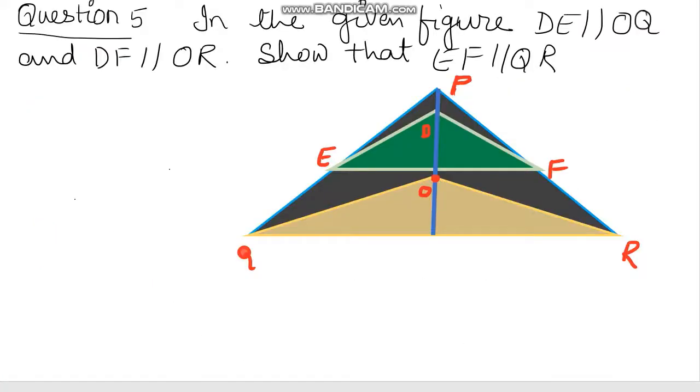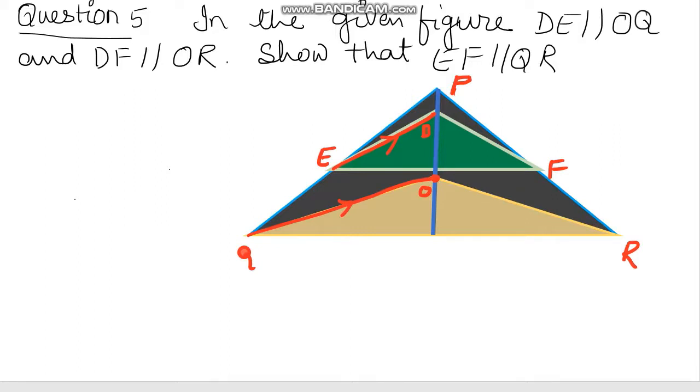Number 5 of 6.2. See here what is given. In the given figure, DE parallel OQ. Now see children, this is DE, and this is parallel to OQ. See, this is OQ. So it is given DE parallel OQ. Now DF parallel OR. Let us take another color.